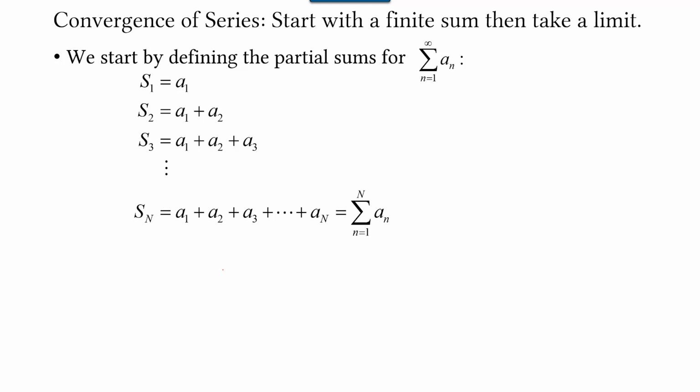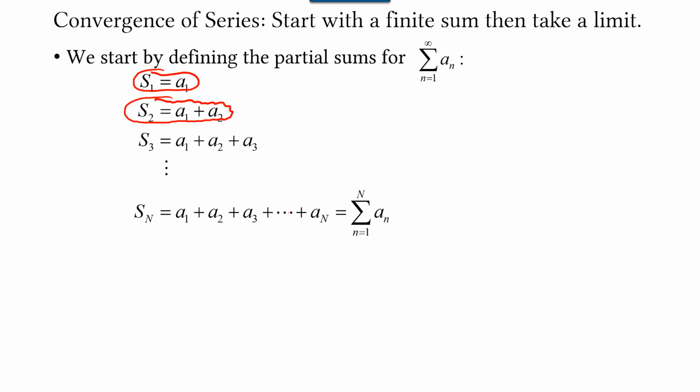So let's take a couple minutes here. The first partial sum is just the first term of the series, so a sub 1. The second partial sum we would get by adding the first two terms together. So there's my second partial sum.